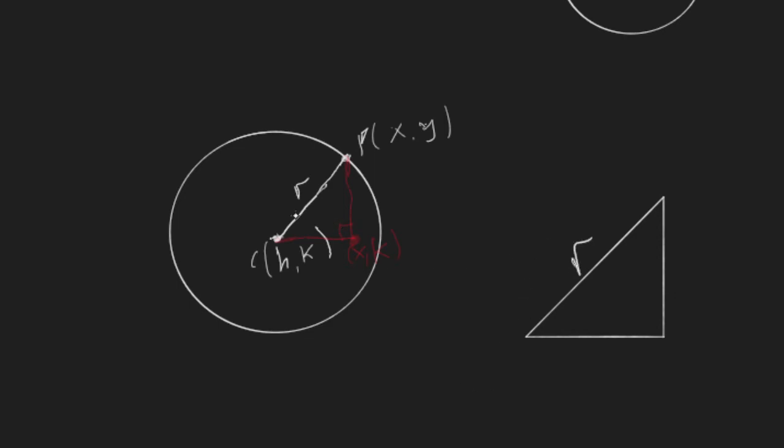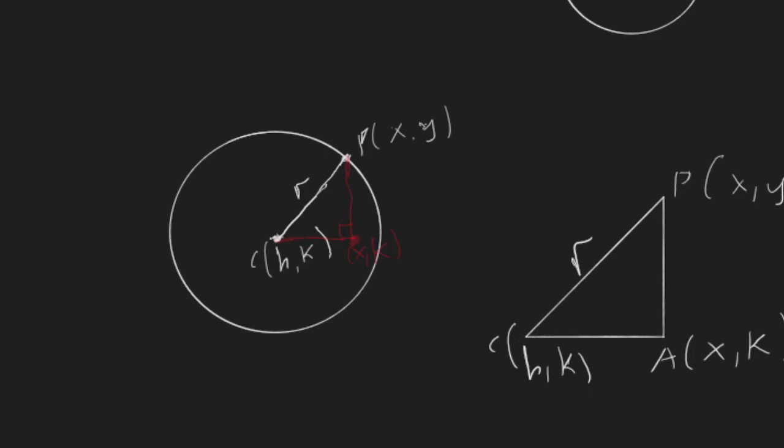This is my r. This is the center, which is h, k, and this is the point P, which is x, y. Let's call here A, and it's going to be x, k, because the x value here will be the same as the x value here, and the y value here will be the same as the y value here.